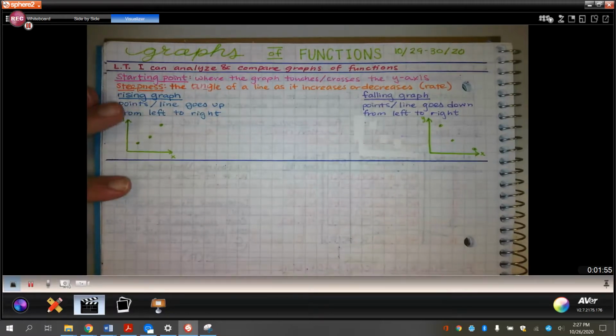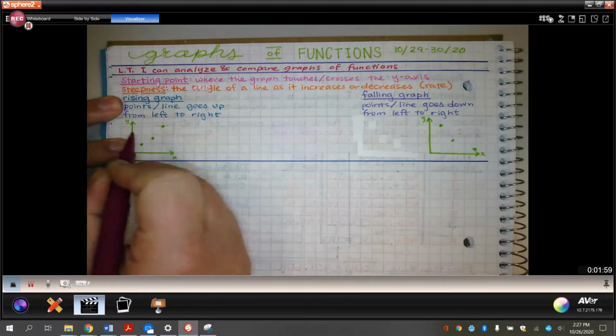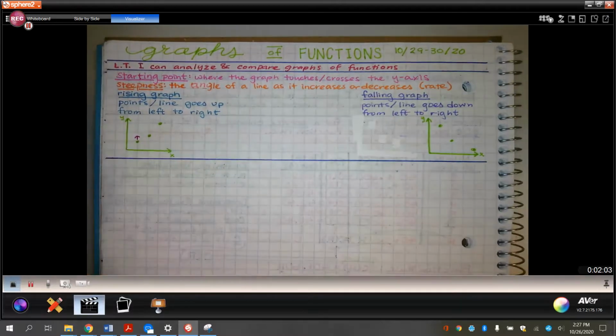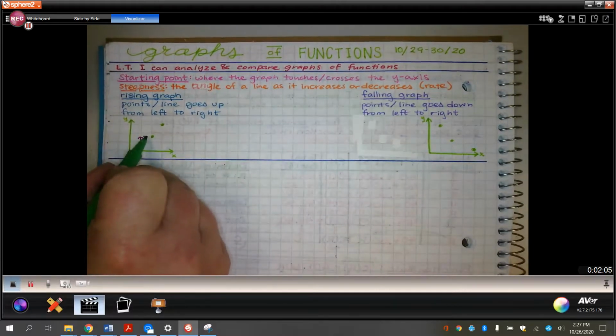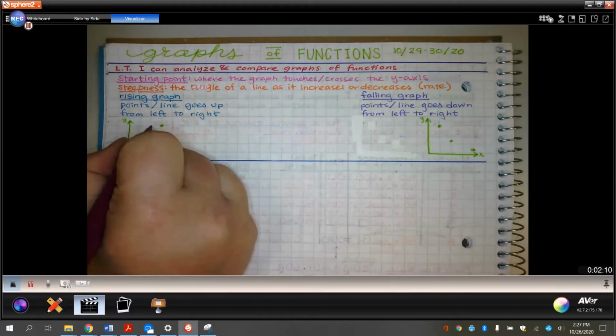Notice that if we were to start with the leftmost point, we would need to go up and then over, and I'm color coordinating on purpose, and then up and over.